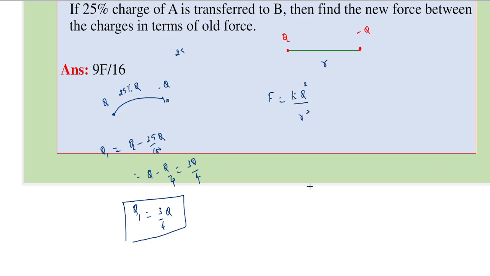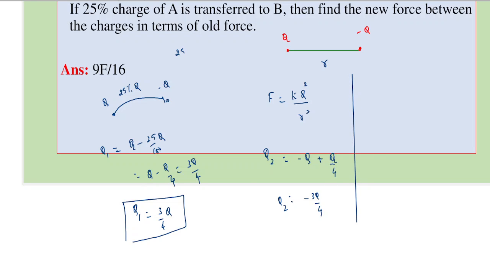Now look at Q2, the new charge Q2, which is called as Q2 for this problem's sake. The new charge Q2 would be the old charge minus Q, plus from this 1/4 is gone. So it will be minus Q plus 1/4 of Q. The 1/4 from here is gone to the charge. That is equal to minus of 3Q by 4. This is what is Q2. It's again simple LCM.